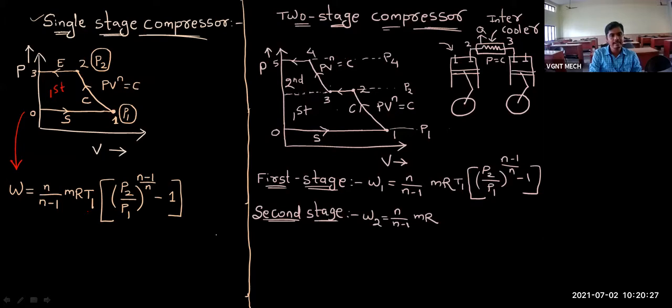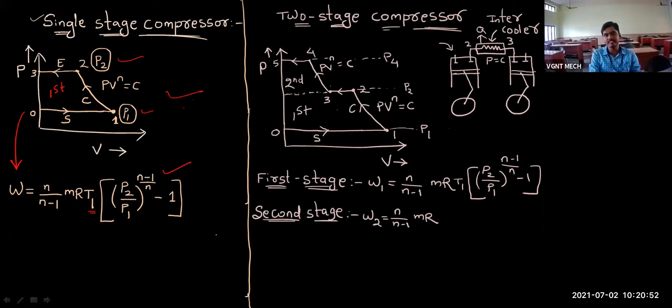So I have taken T1 into the pressure ratio. For this stage, suppose the pressure in this line is P2 and in this line is P1. So high pressure is P2, low pressure is P1, and the pressure ratio is P2 by P1 whole to the power n minus 1 by n. So this is the work done formula for a single stage compressor.